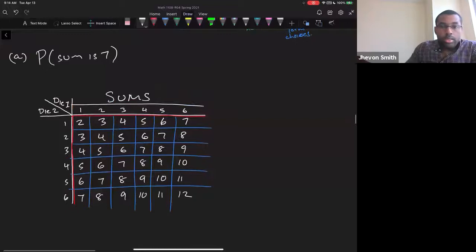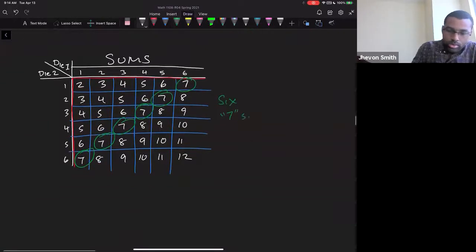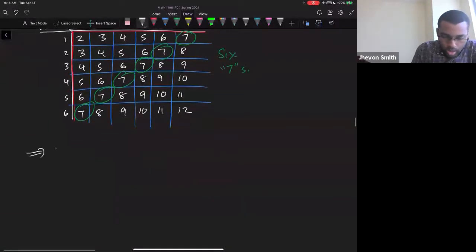Okay. So now you want the probability that the sum is 7. You just count off all the 7s. That's basically what it comes down to. 1, 2, 3, 4, 5, 6. There's 6 7s. So this means the probability the sum is 7 is 6 out of 36.